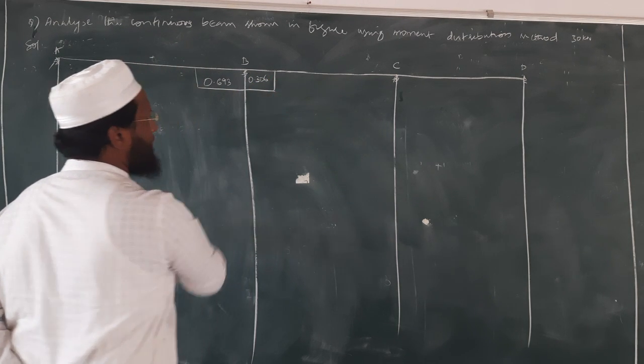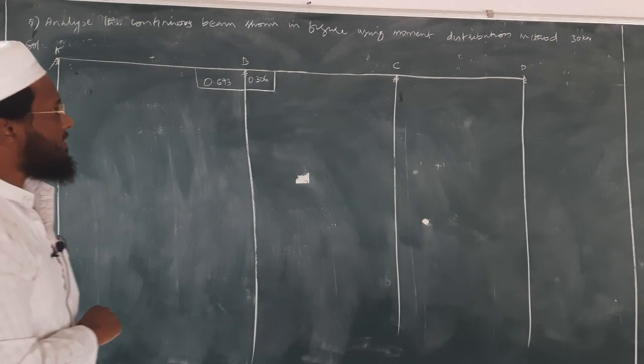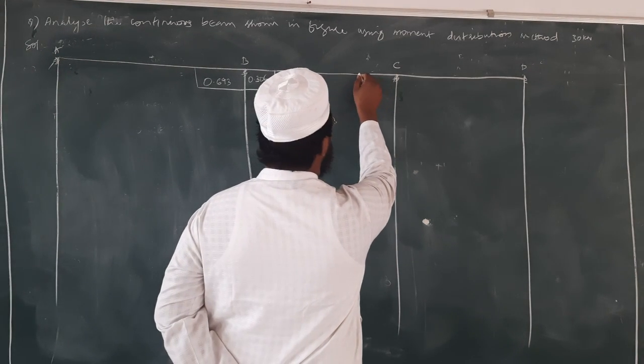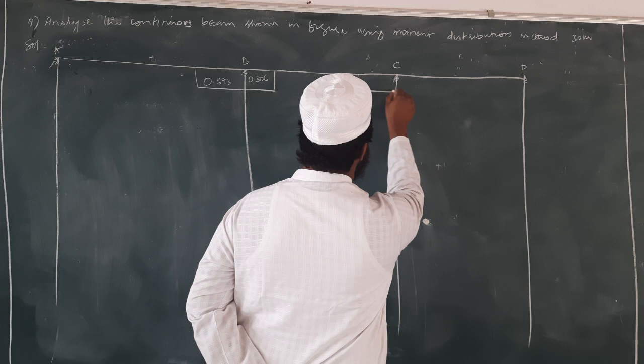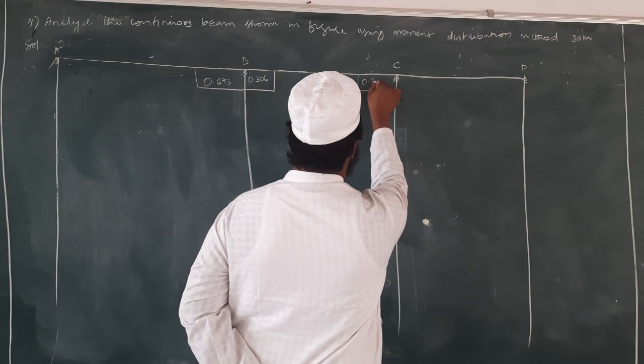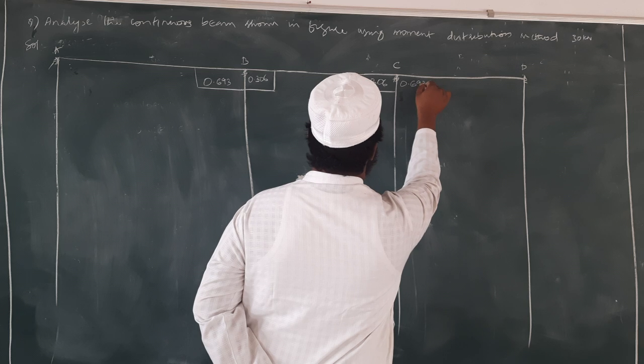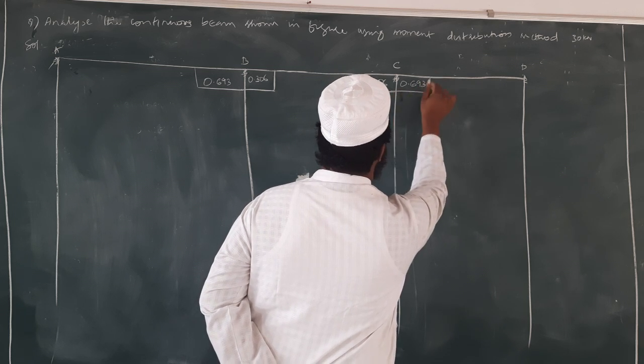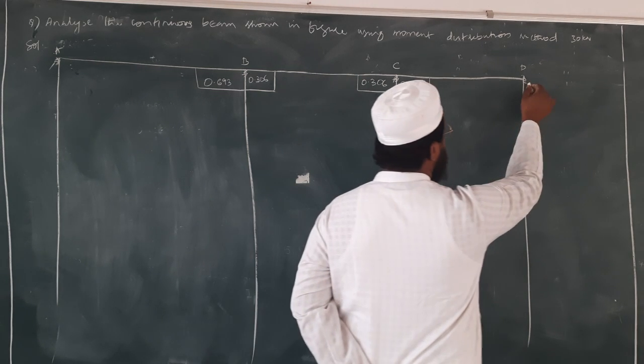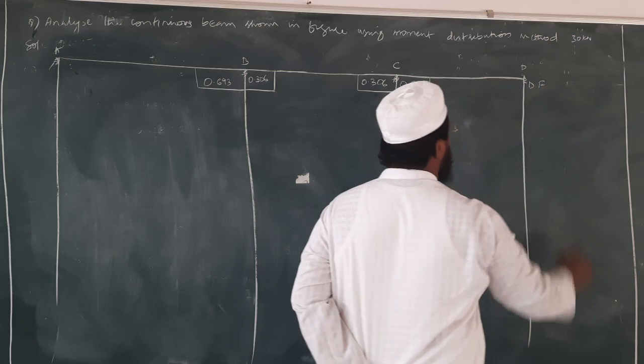So this is another distribution factor we got. Next here for span CB, 0.306 and 0.693 for this one. So these are the distribution factors.